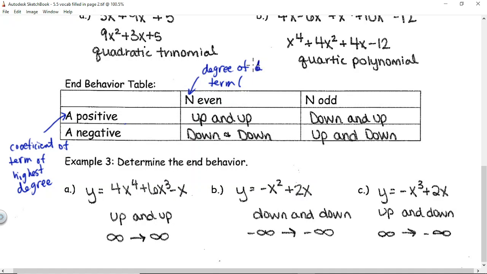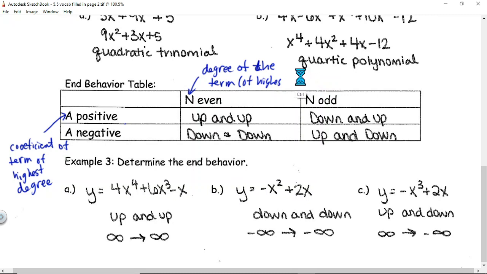We can just say the degree of the term of highest degree. So what is the degree of the polynomial? For this one, we should just say it that way.